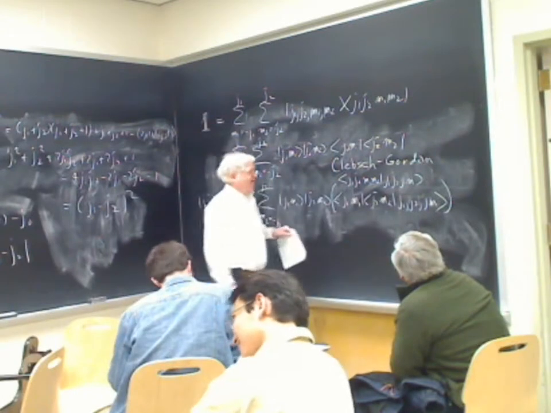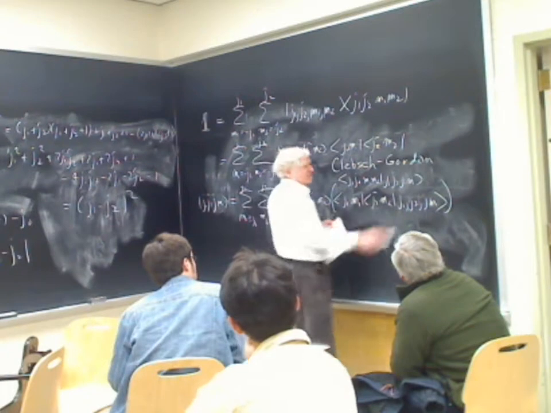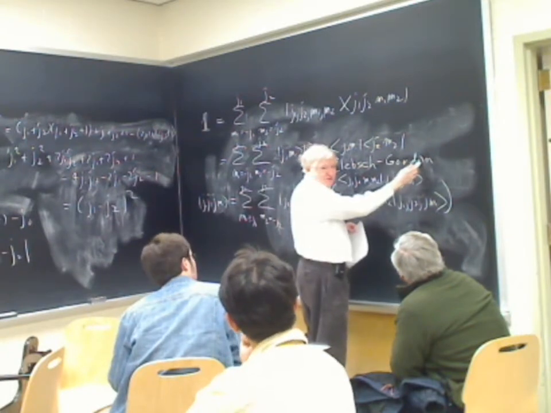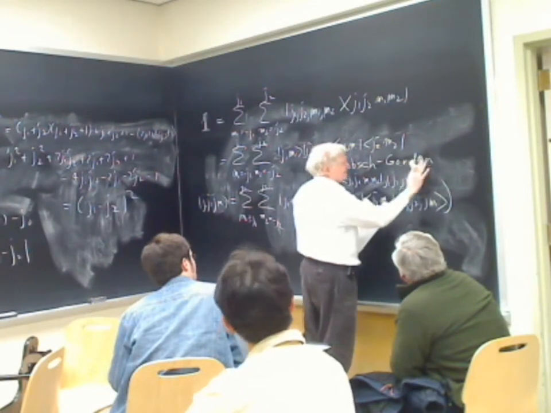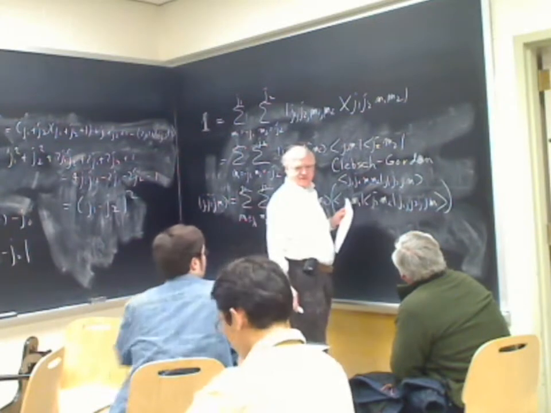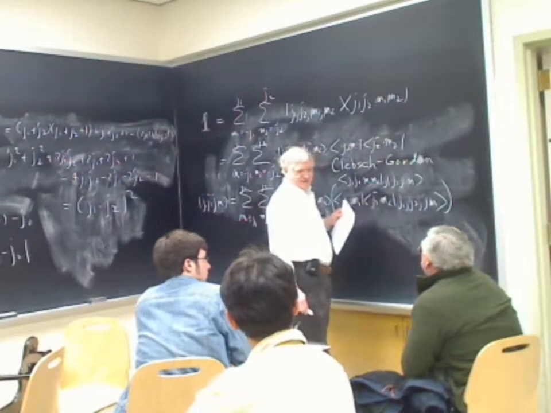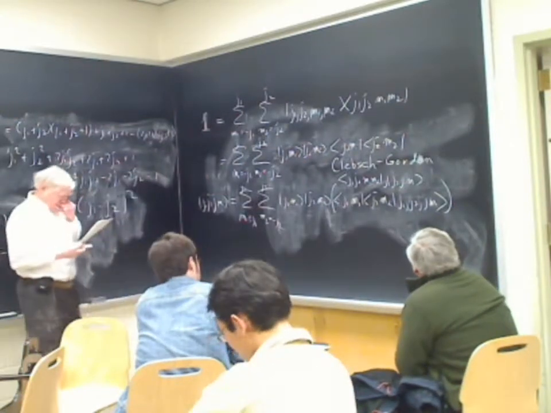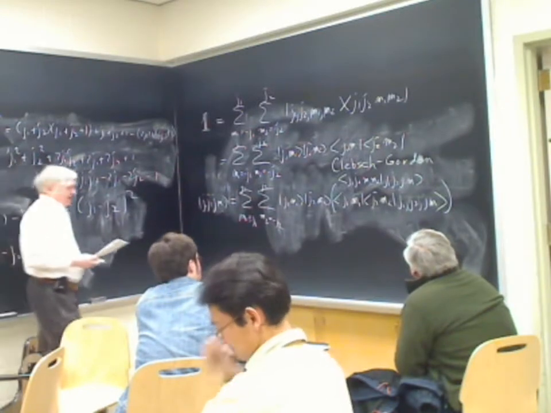In fact, I spent so much effort spelling Clebsch correctly, but I may have misspelled Gordan. Does anybody know if it is Gordon or Gordan? Probably Gordan, with an a. Anyway, I'll have to get that one right. So these are the Clebsch-Gordan coefficients.